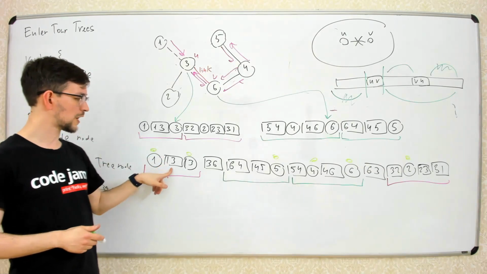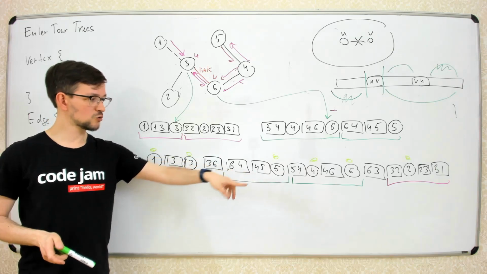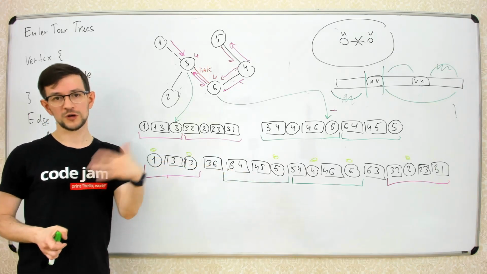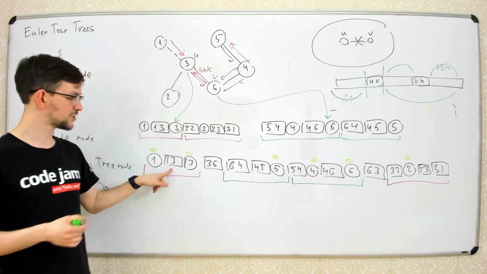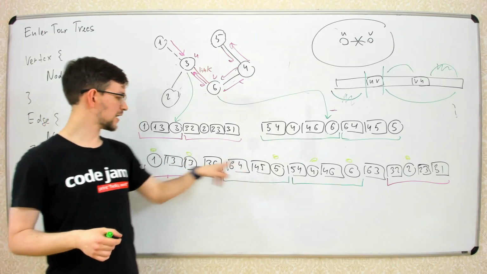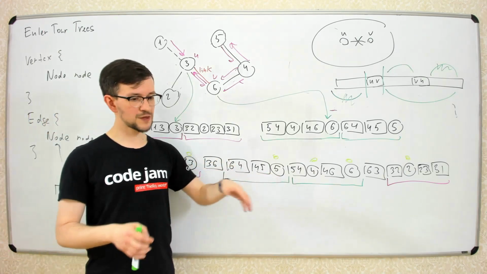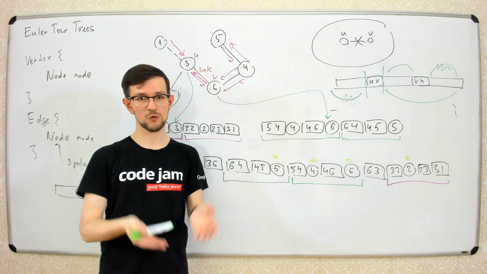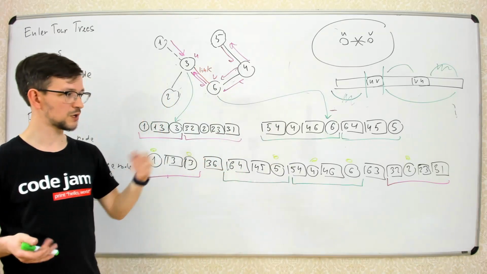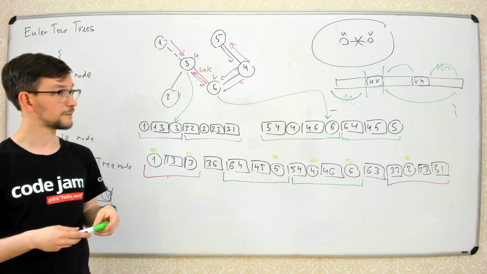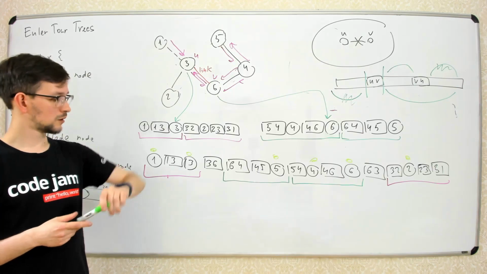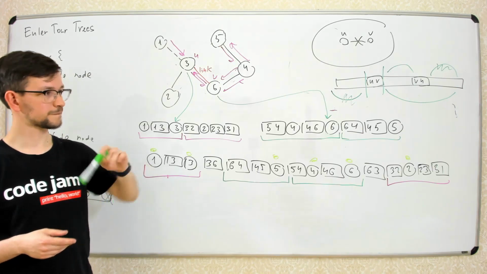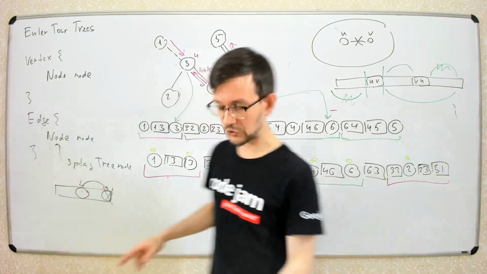You just put neutral elements in all these positions. For example, when you calculate the sum of all elements, you just put zeros in these nodes and real values in these nodes, and then calculate the sum of all elements. The sum will be the sum of the values in the vertices of your tree. Cool. That's all. That's the Euler Tour Tree.